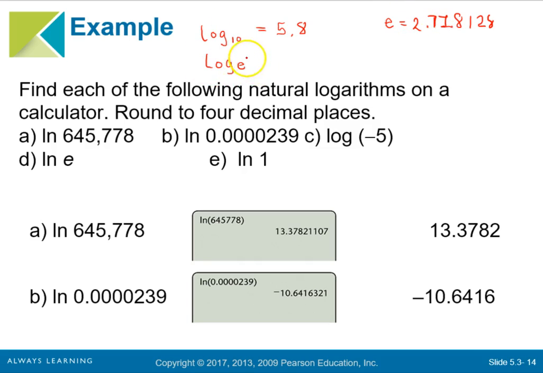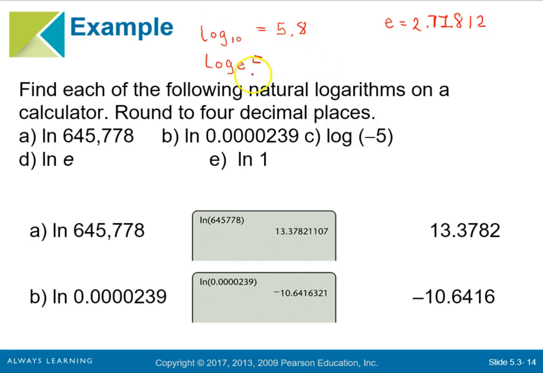So I'm going to have at least that many times. I'm going to have more times that I'm going to have to multiply something or raise it to an exponent in order to get that same value. So here I have a 5.8. This is going to be just about 3 times that. It's a little less than that, but it's the same general idea.